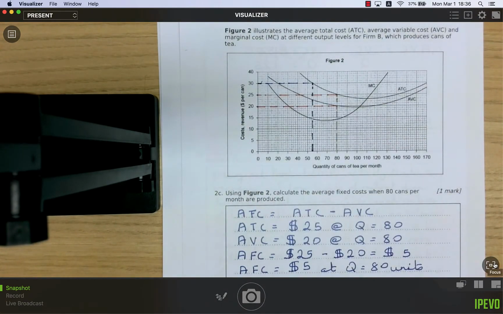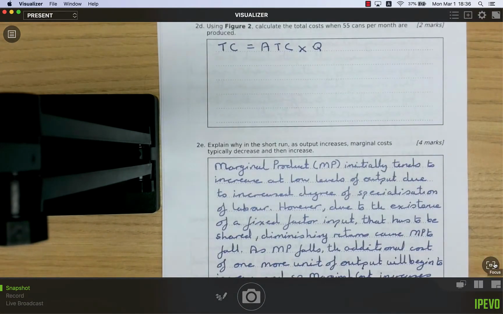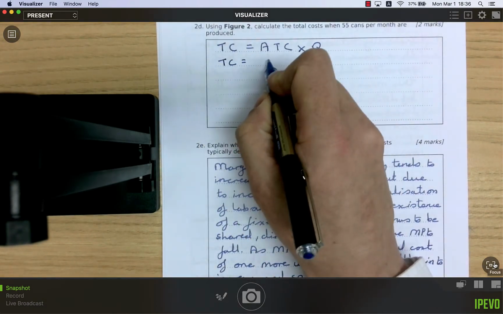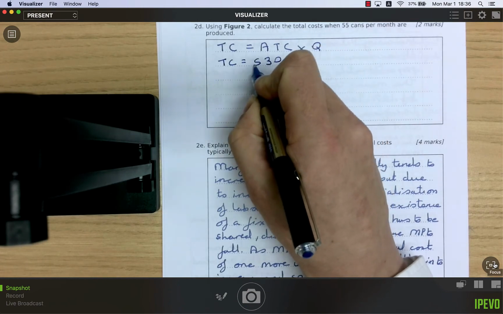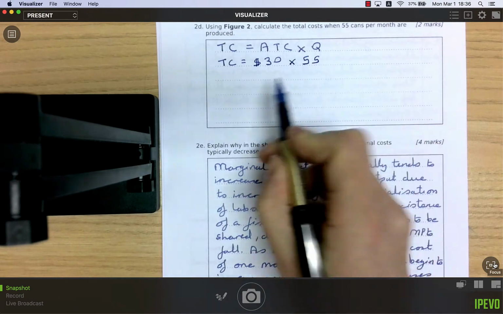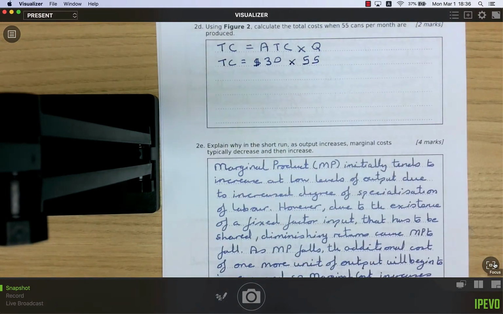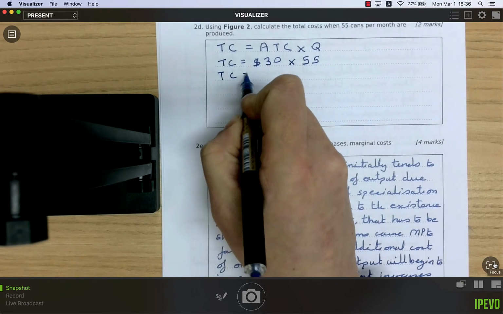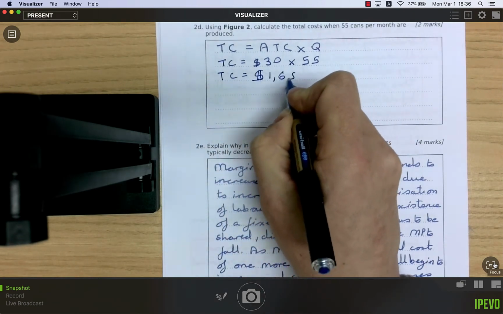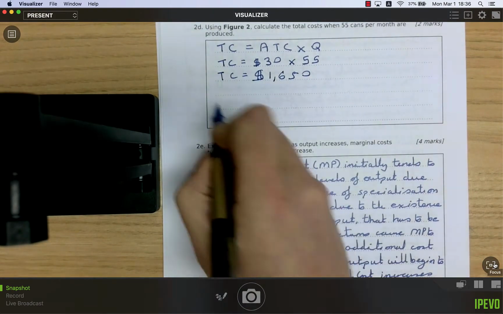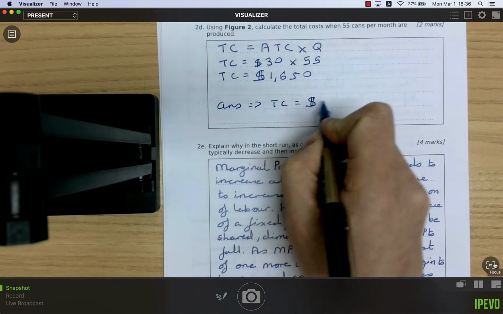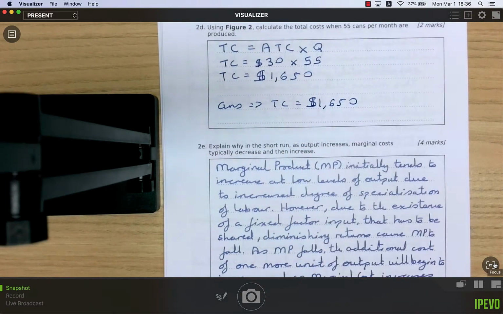Okay, so if each one cost $30 to make, the total cost equals average total cost, which was $30, and we made 55 of them, well, the total cost is one by the other. So when I work this out, total cost equals, in dollars, 1,650. Now if you want, again, ANS answer, total cost equals 1,650.